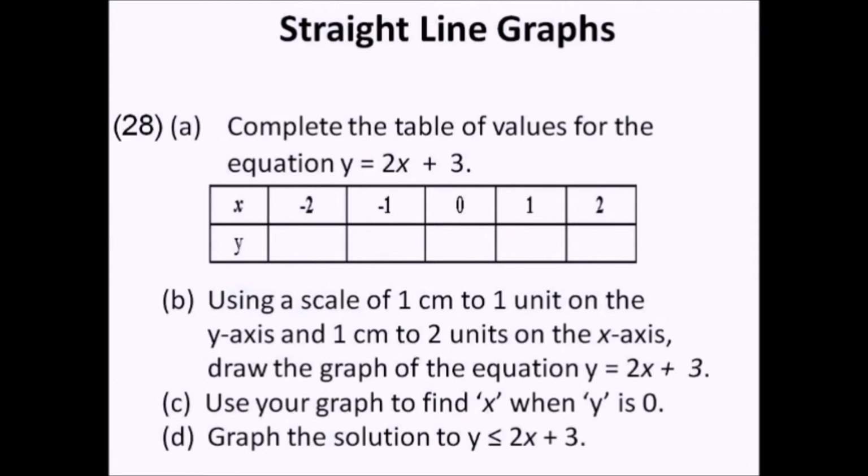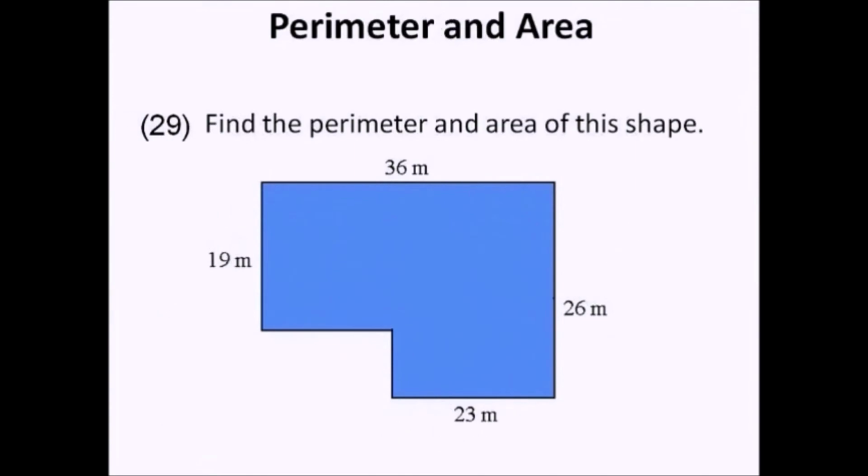And D, graph the solution to y is less than or equal to 2x plus 3. So that's an area on the graph that you will have to shade in for D. Okay, once you're on the graph paper, you can use a pencil. On the table, use a pen to put in the answers for y. Let's go, get it done.